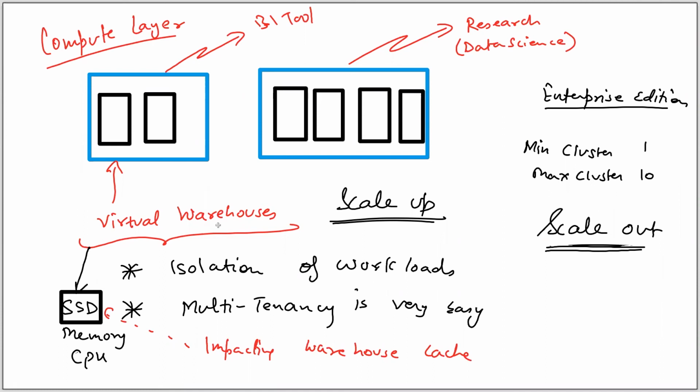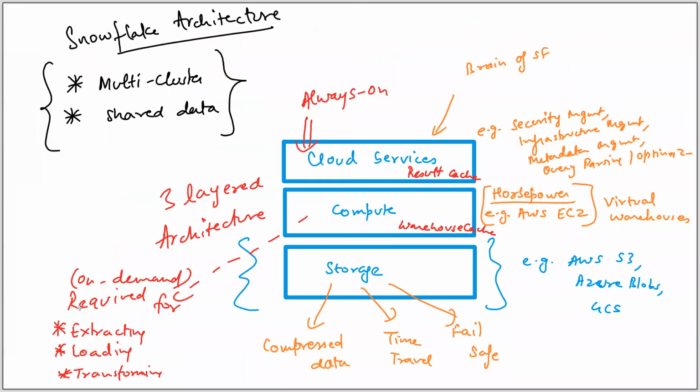which is like we have services layer, and in services layer we are having metadata. Can you see we have metadata management also? So this is something different from Hive, because in Hive we have Metastore, but here the metadata is actually stored in cloud services layer. It is cached. There is a metadata cache also.